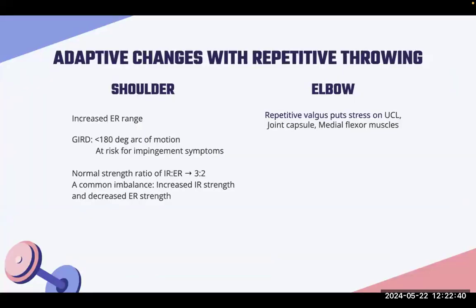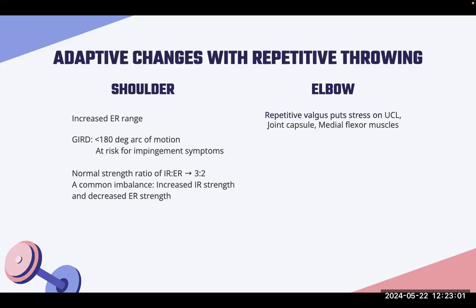So when we keep throwing, we've already talked about this, but for the shoulder, we'll see increased external range of motion. If we don't see the internal rotation, if the internal rotation deficit is greater, we're going to have GIRD, and that's going to put you at risk for impingement. There's a strength ratio of internal to external rotation of 3 to 2.